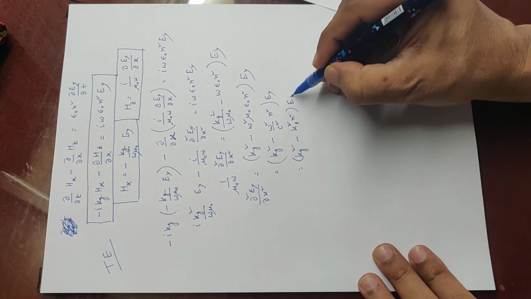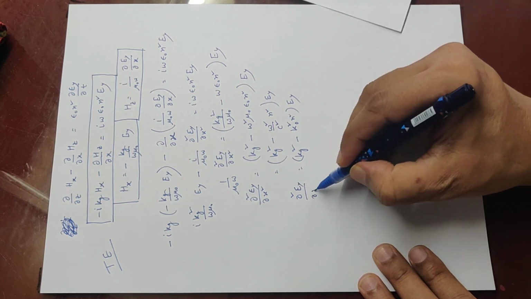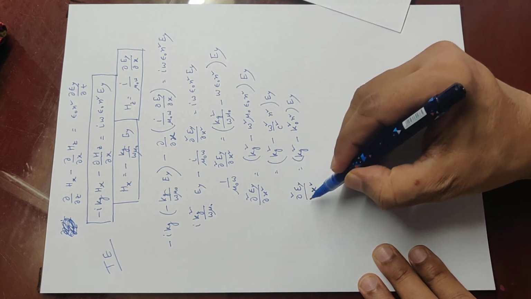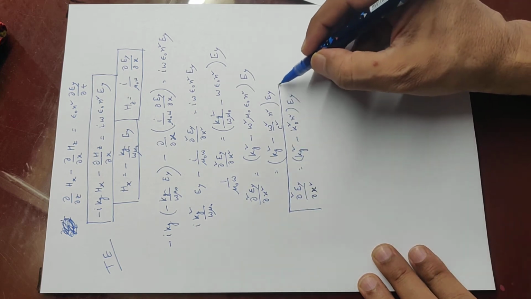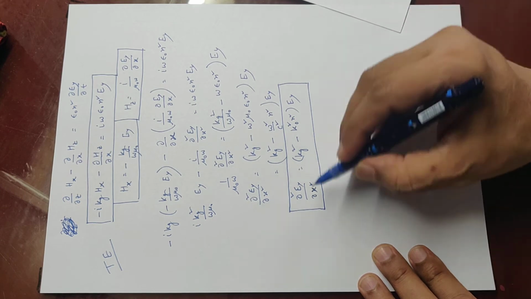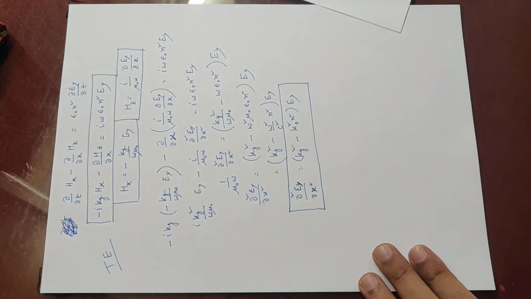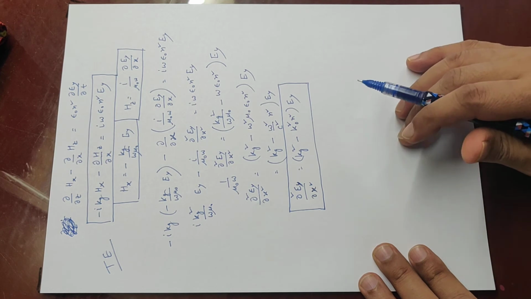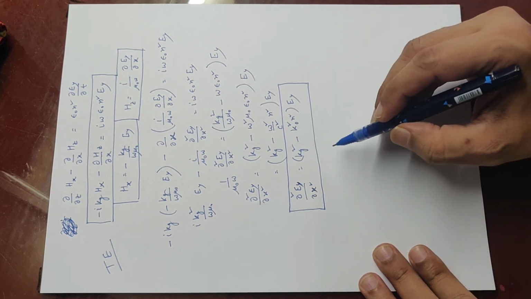So d2 Ey by dx2 is the wave equation that we are getting now. The solution of this would give us Ey, which is what we wanted to find out. Kg also needs to be known.